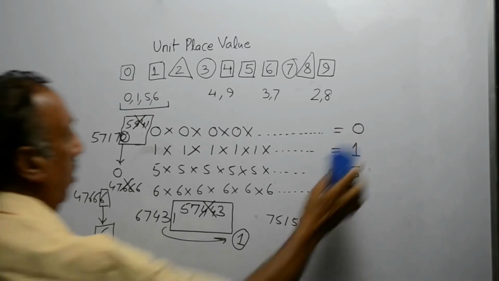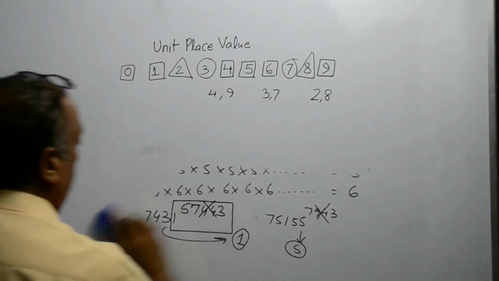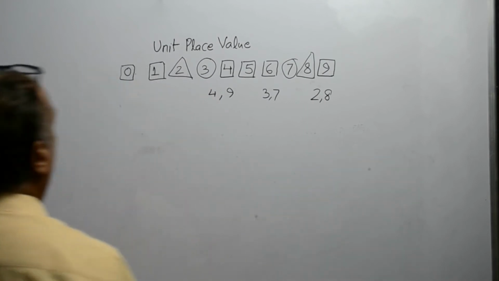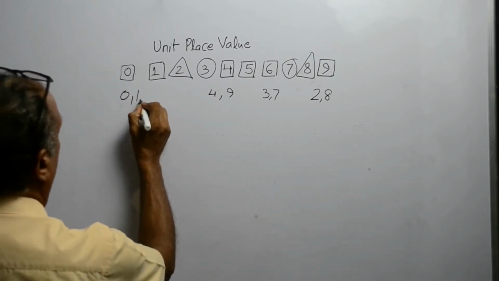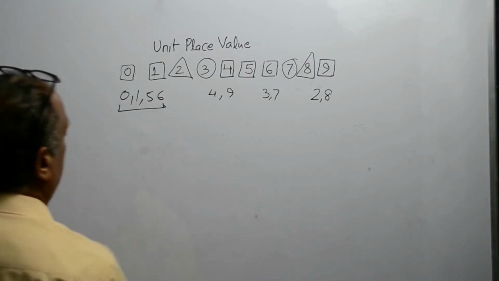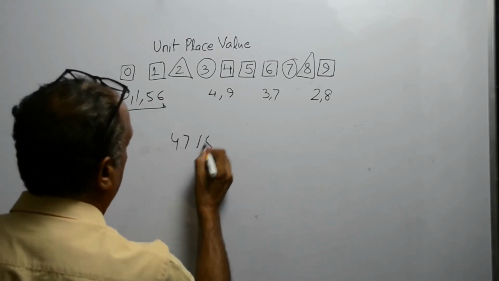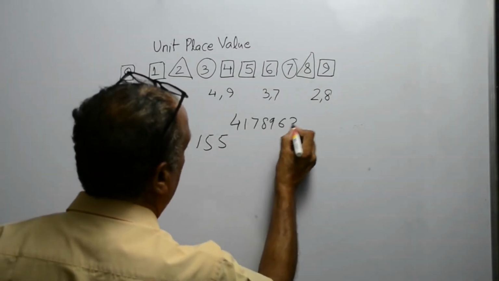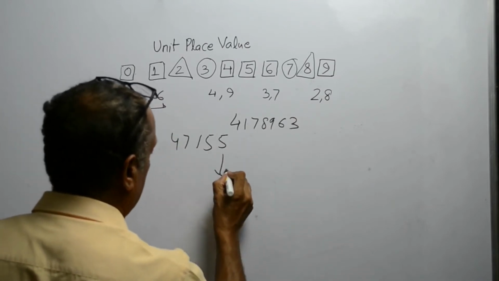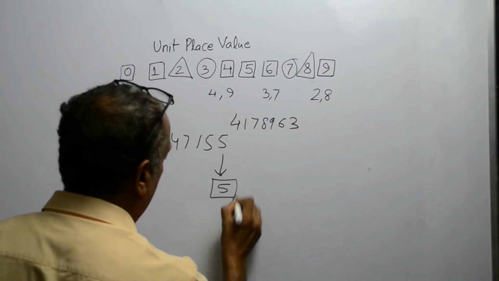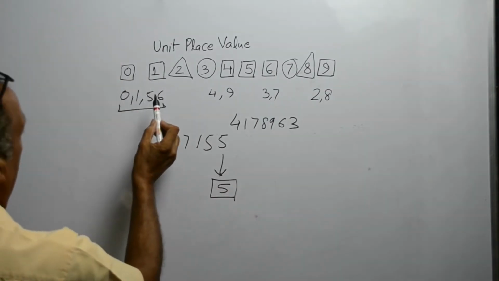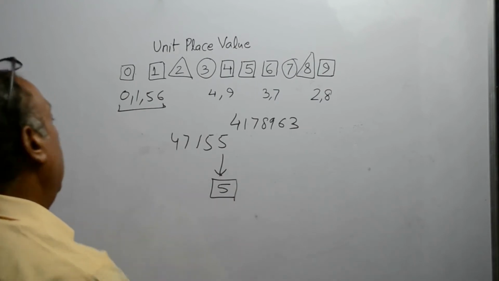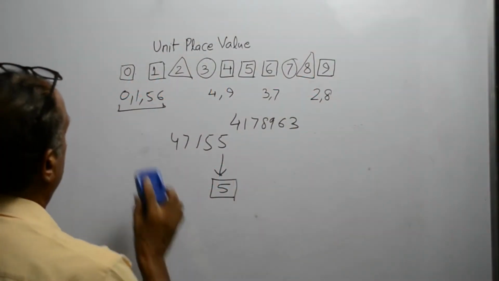So, in case of these 4 digits, we need not do any calculation. 47155 raised to power 417896 will give us 5 as the last digit, and in the same way 0, 1 and 6 will also behave in a similar way.